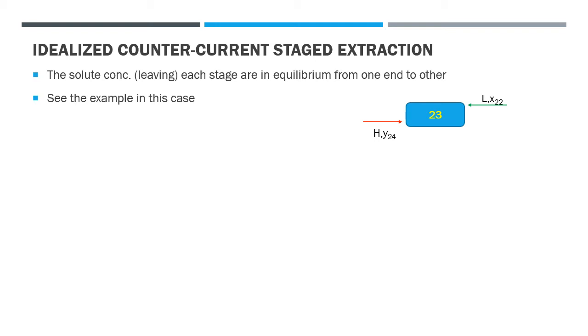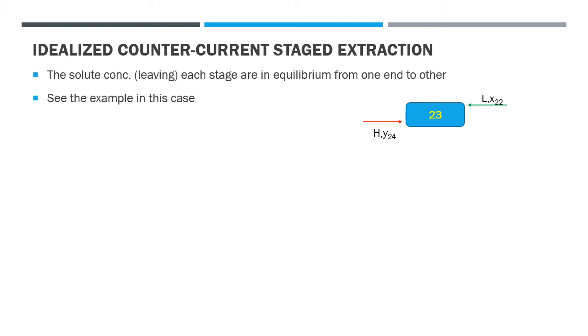Here the subscript for X and Y, 22 or 24, follows a naming convention. Any stream coming out of a stage will have that particular stage number.